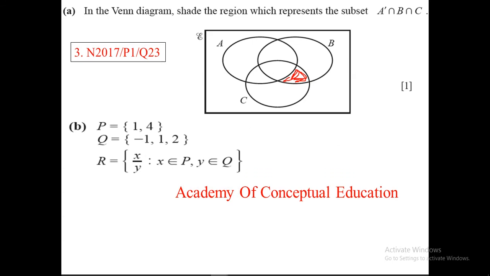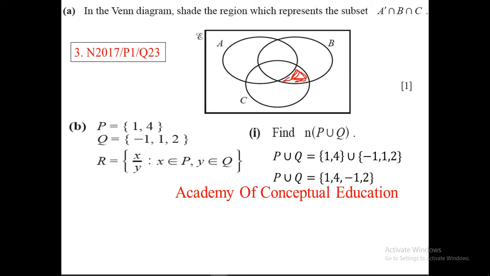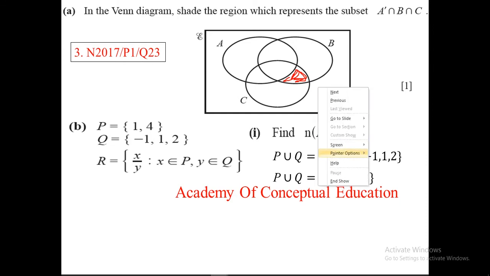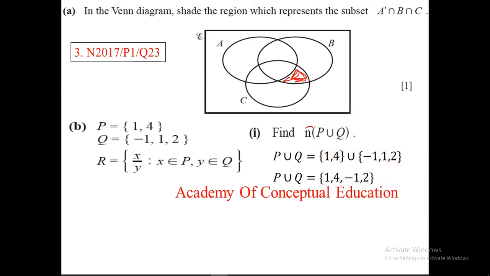Now the second one is in part B. You can see that we have 3 sets. In the first one we have to find the number of elements of P union Q. If we combine them and write the P union Q set, it will be 1, 4, minus 1 and 2. Now this is again a very tricky portion: we should not ignore this letter n.